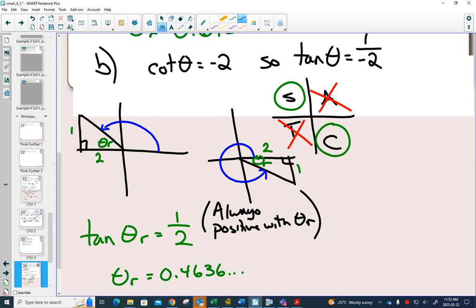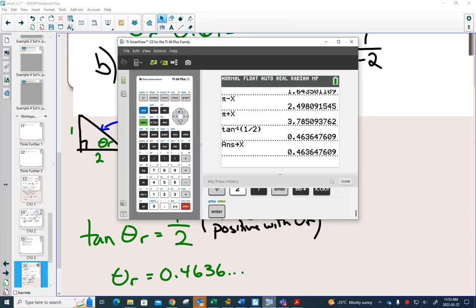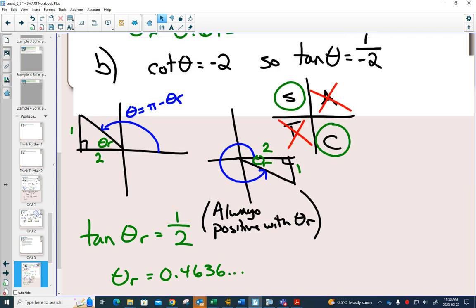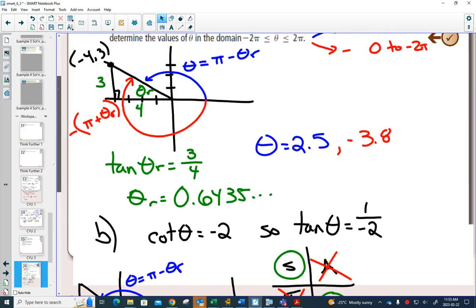If I was thinking in degrees, I would do 180 minus my reference angle. Now I'm thinking in radians, so it'll be pi minus my reference angle. Go to my calculator. Pi minus x, 2.7. Did it say the nearest tenth? Read it again.